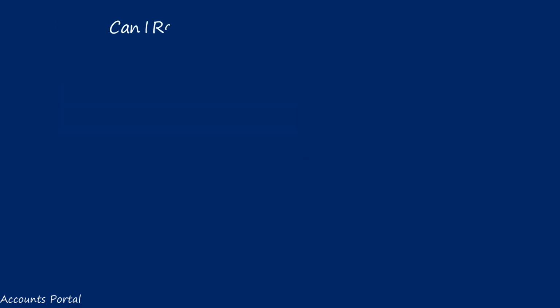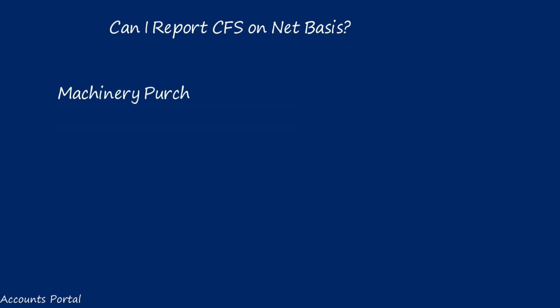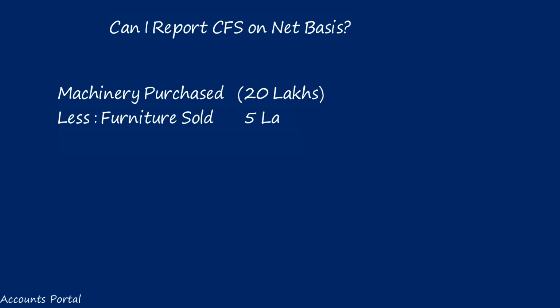Next is a trap question that was asked twice in exams. Can I report the cash flow statement on a net basis? The answer is no. What is the meaning of net basis? Example: machinery purchased for 20 lakhs. Is it an inflow or an outflow? Outflow. Then furniture sold for 5 lakhs. Can I say investing activity is 20 lakhs minus 5 lakhs, 15 lakhs?